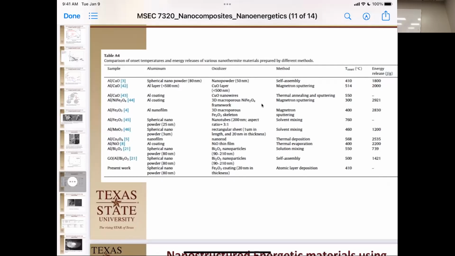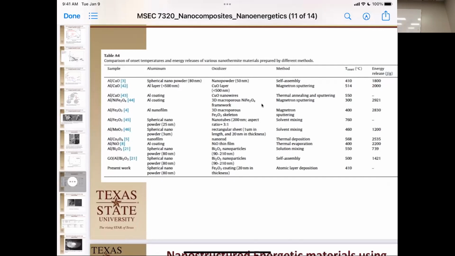In the next one down, we have magnetron sputtering to get to the nickel iron oxide frameworks. We have sputtering solvent mixing right here. These are iron oxide nanotubes, and these are rectangular sheets of the molybdenum oxide. So they're almost like graphene. They were doing solvent mixing, and they have really good energy releases here.